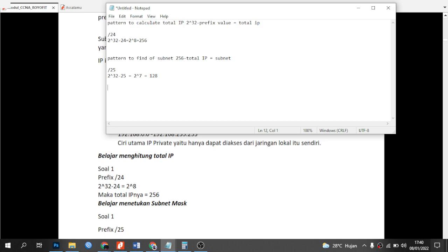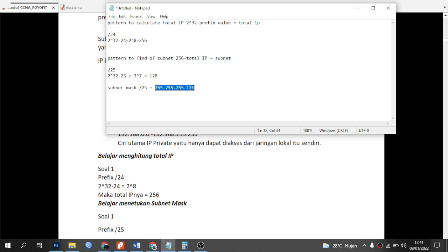For example, the subnet mask for /25 is 255.255.255.128.